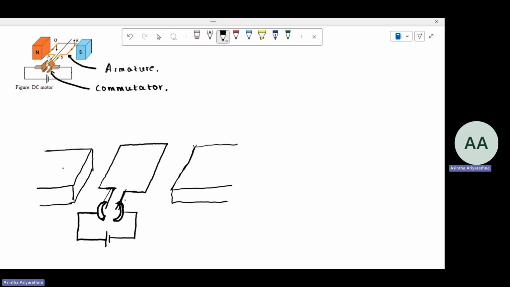So if there is a north pole and a south pole, there is a magnetic field in this direction, and current flows in this direction. So this loop will rotate around this axis.